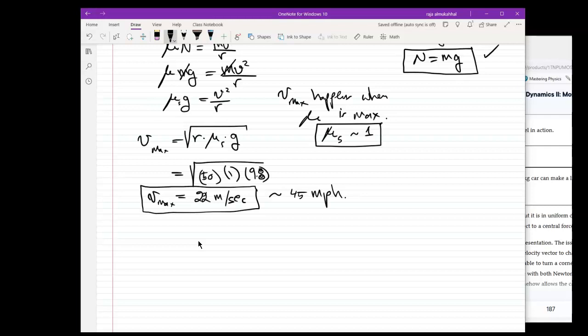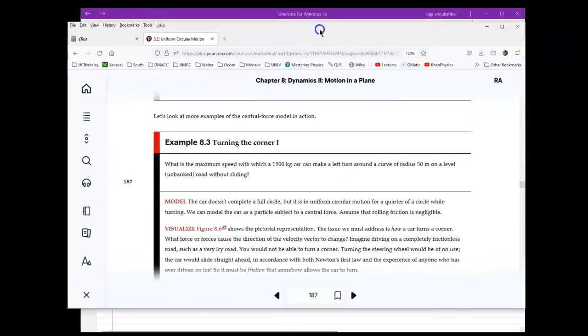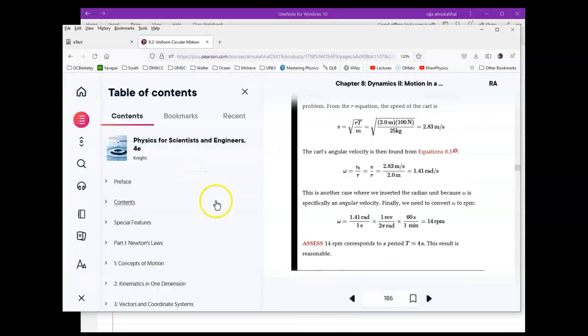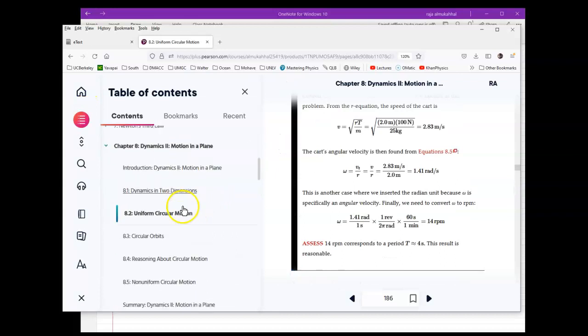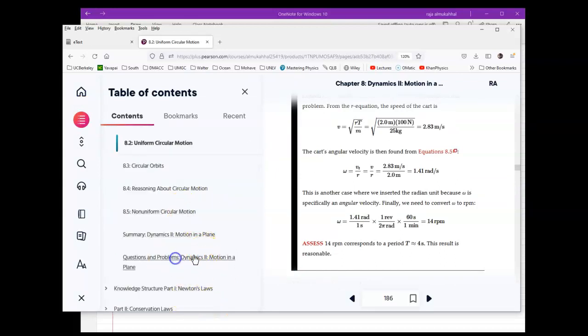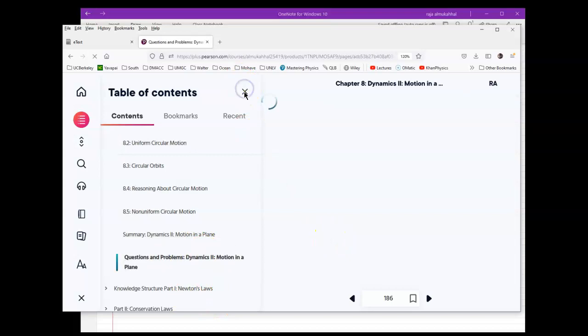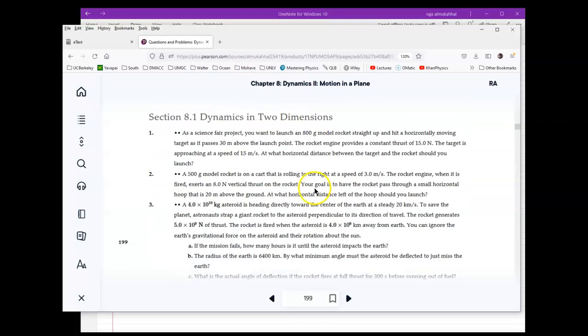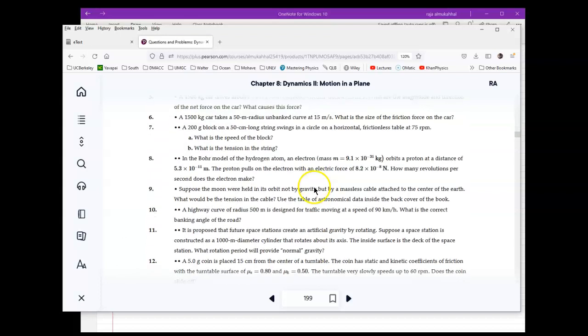All right, another problem. I have a bunch of them here. I'm looking at problem number 8 from the book. That's not an example, that's from homework. Number 8 right there. There we go.